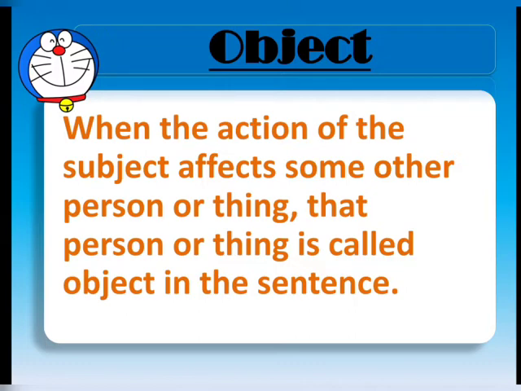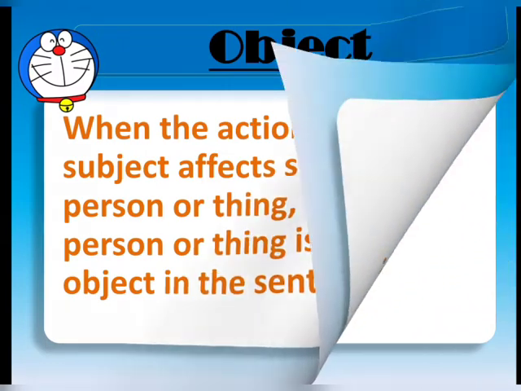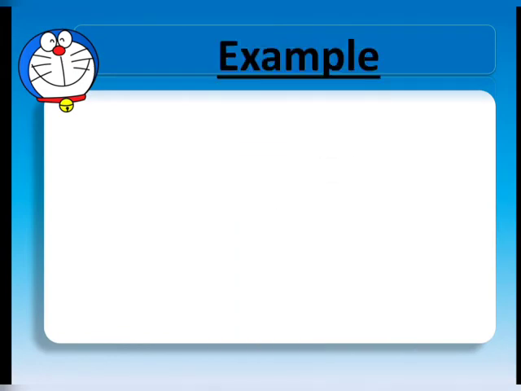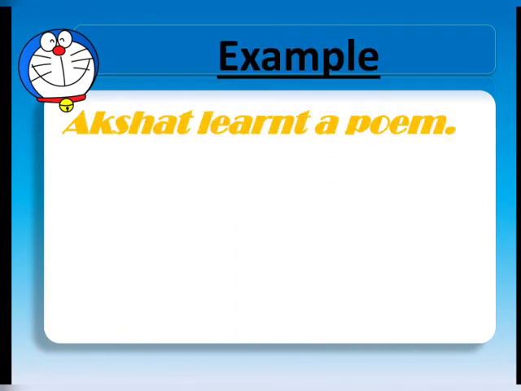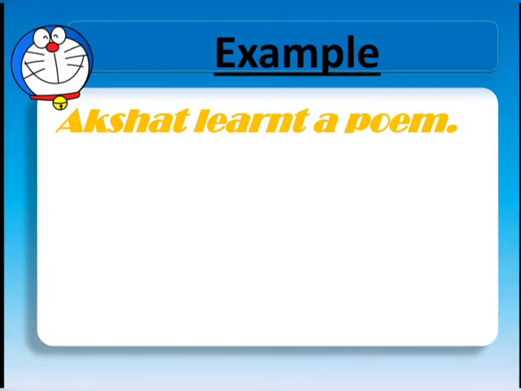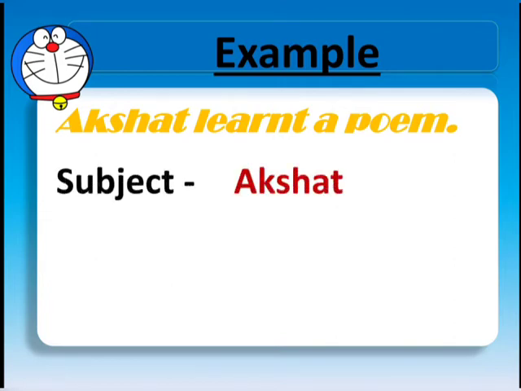Let's understand with the help of an example. So here I have an example, that is, Akshat learnt a poem. Let's start with subject. About whom are we talking in this sentence? That is Akshat. So Akshat is the subject.